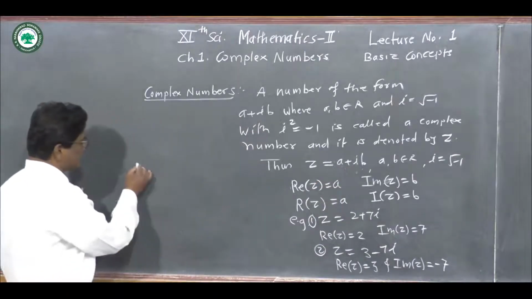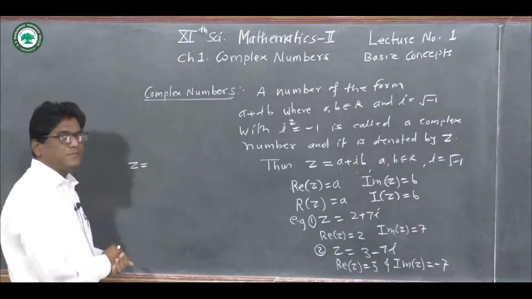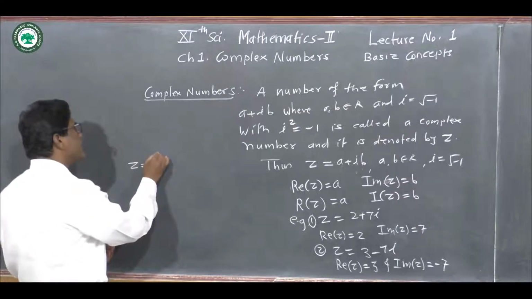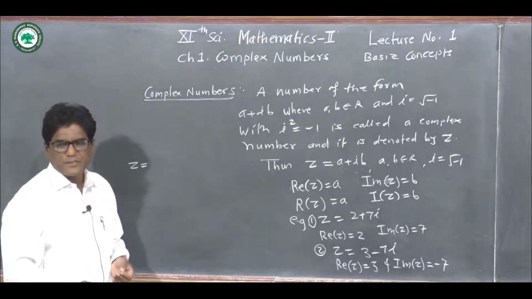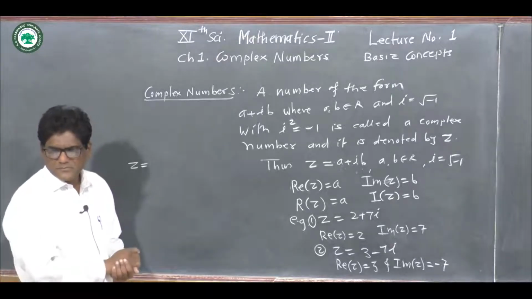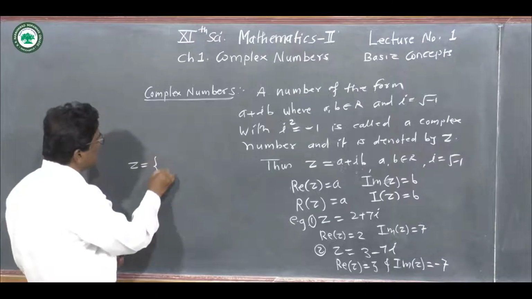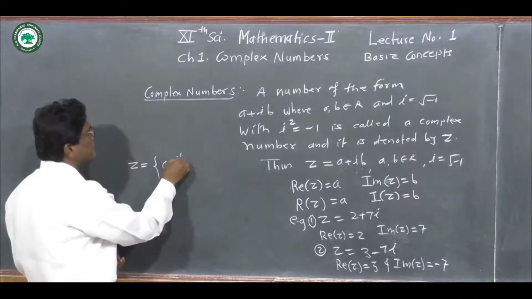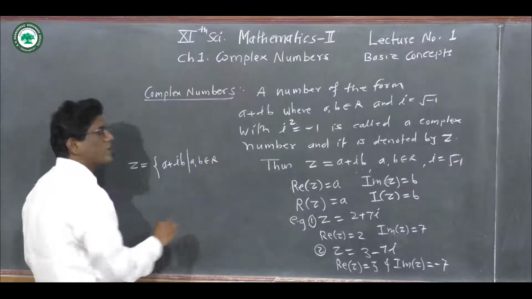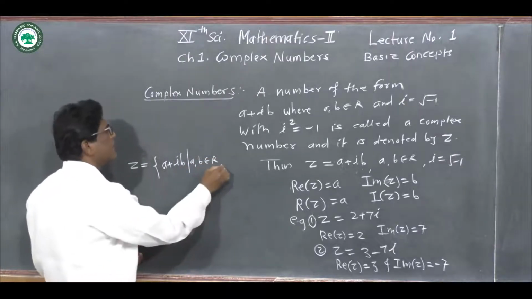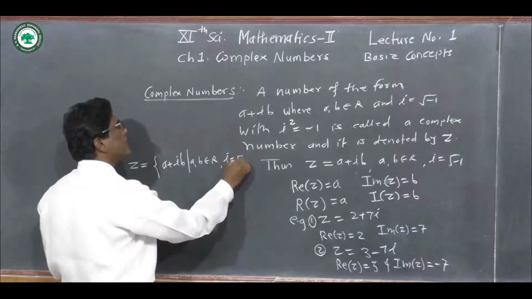Z is equal to the set of all a plus ib such that a, b belongs to R and i is equal to under root of minus 1.